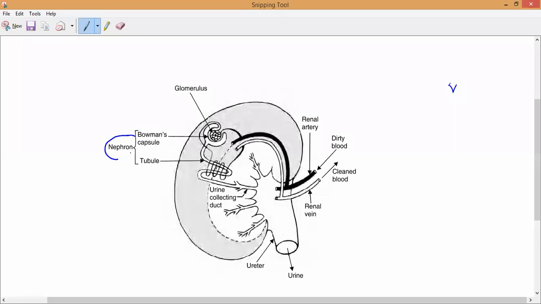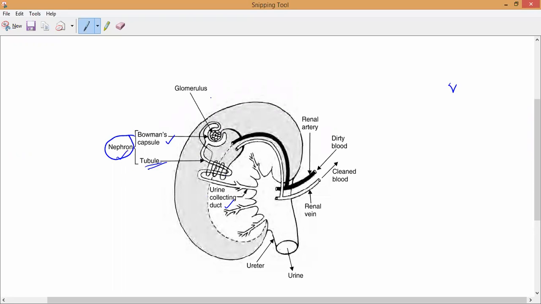You may observe the U-shaped upper region of this nephron is called the Bowman capsule. Here you may observe the small tube-like structure connected to the urine collecting duct. That is what we call the tubule. So this tubule plus Bowman capsule together we call the nephron.